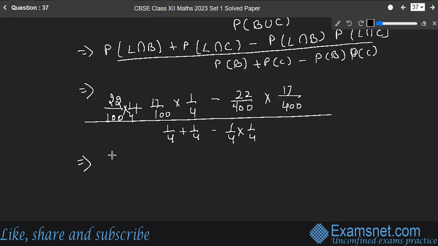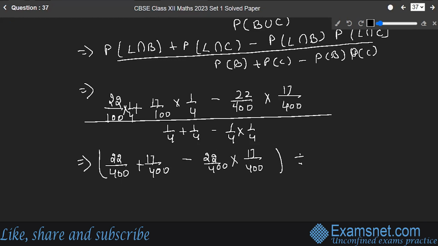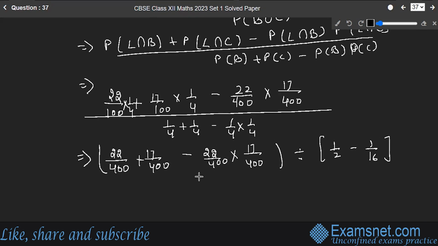This is going to give you 22 upon 400 plus 17 upon 400 minus 22 upon 400 multiplied by 17 upon 400, the whole divided by 1 by 2 minus 1 by 16.